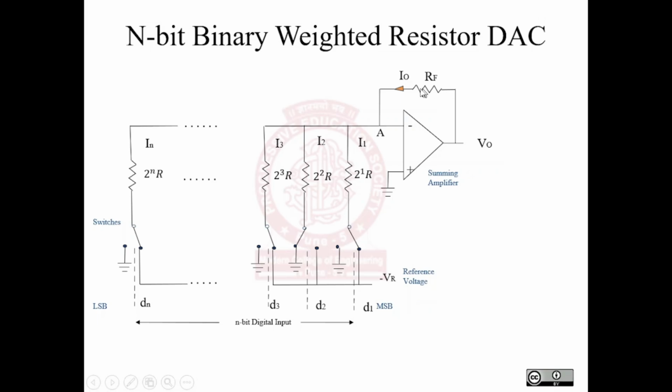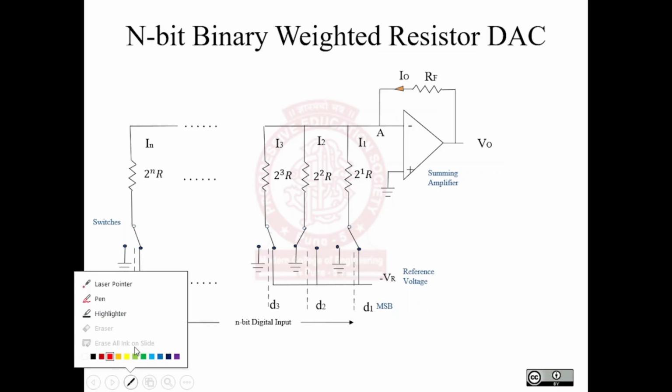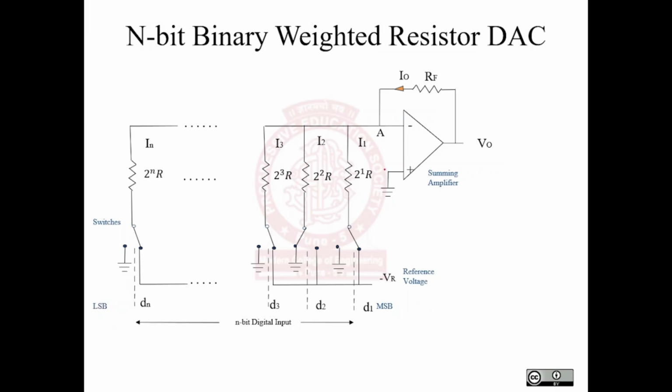Now here the current IO is flowing from the output signal to the input. If you see here, this positive point is connected to the ground. So obviously, due to the virtual ground concept, this point is also at ground.